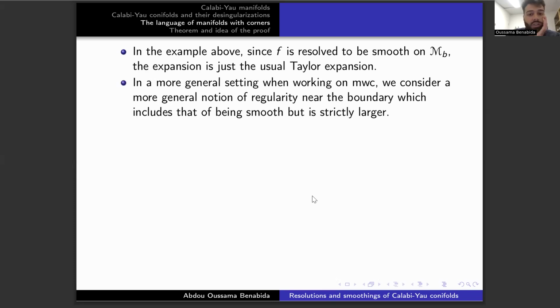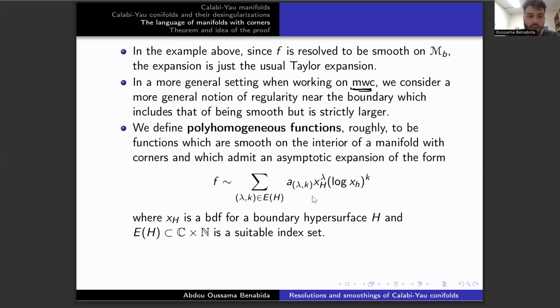But in general, when we are working on manifolds with corners, we consider a more general notion of regularity near the boundary, which is more general than just being smooth. And this is known as having polyhomogeneous expansions. So these are kind of like Taylor expansions, but different.